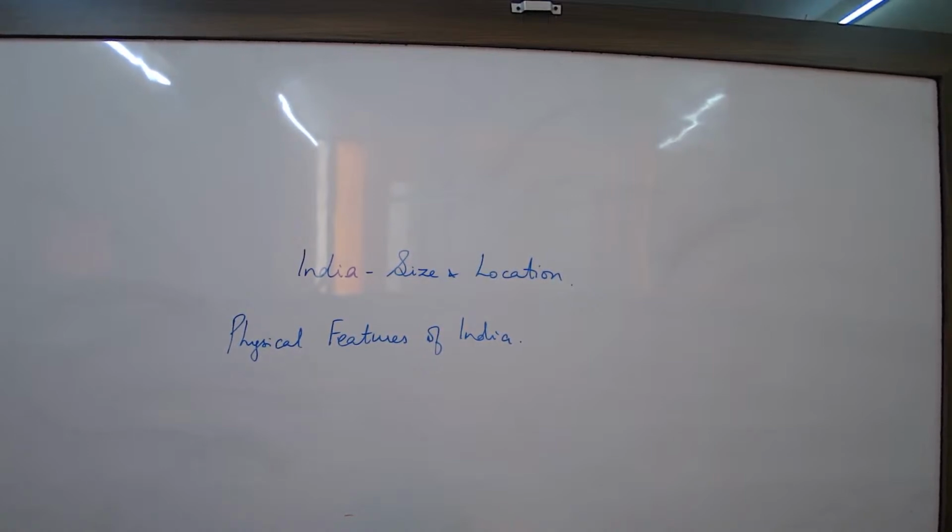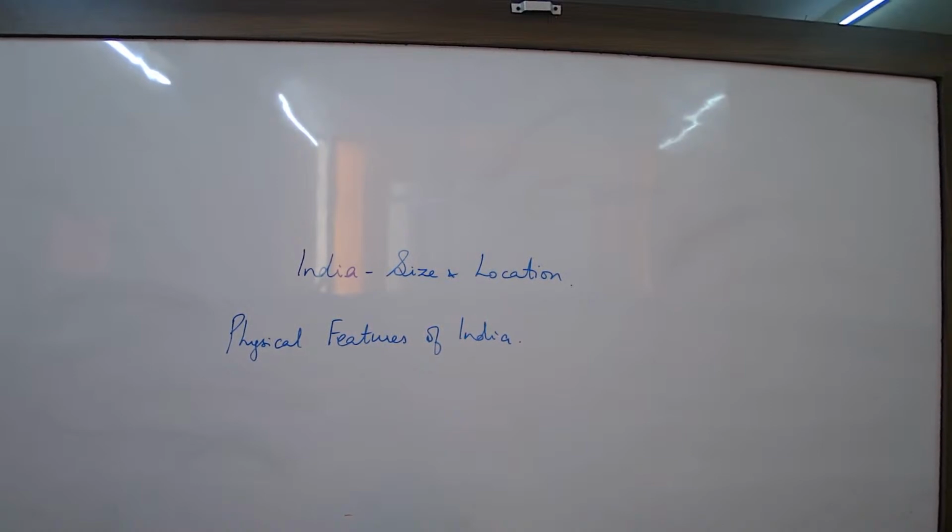Read it aloud. The Himalayas, geologically young and structurally old mountains, stretch over the northern borders of India. These mountain ranges run in a west-east direction from the Indus to the Brahmaputra. The Indus is where? Indus is here in the north.